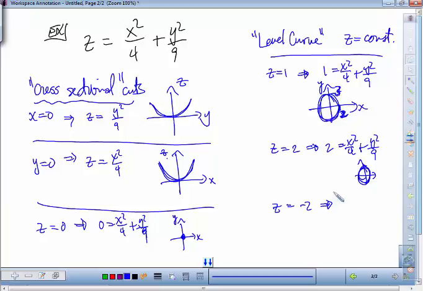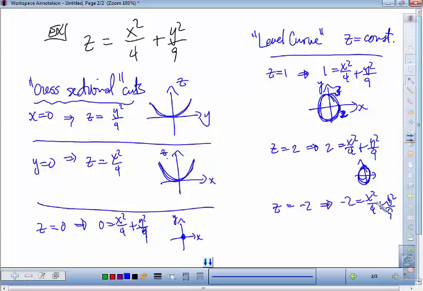try to draw a level curve when z is equal to negative 2, we're going to get negative 2 is equal to x squared over 4 plus y squared over 9. And what would that yield? Any ideas?